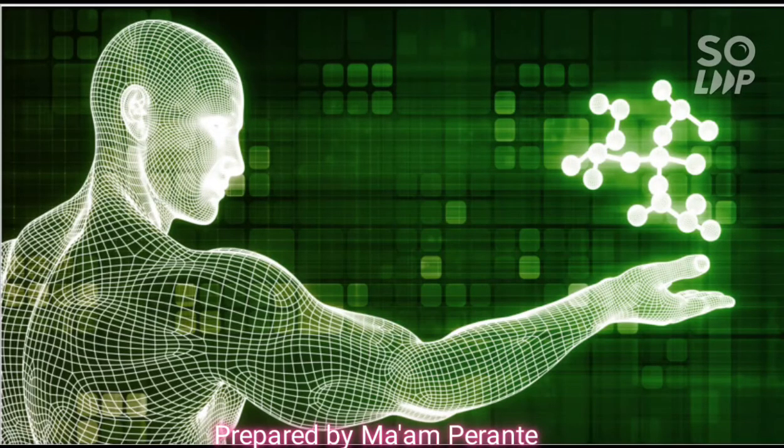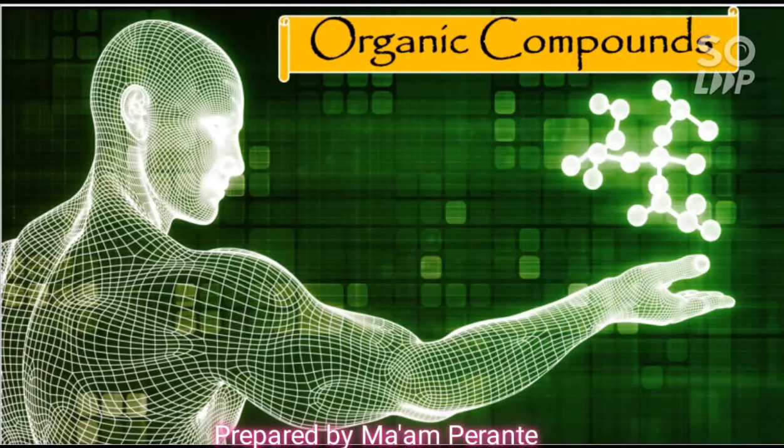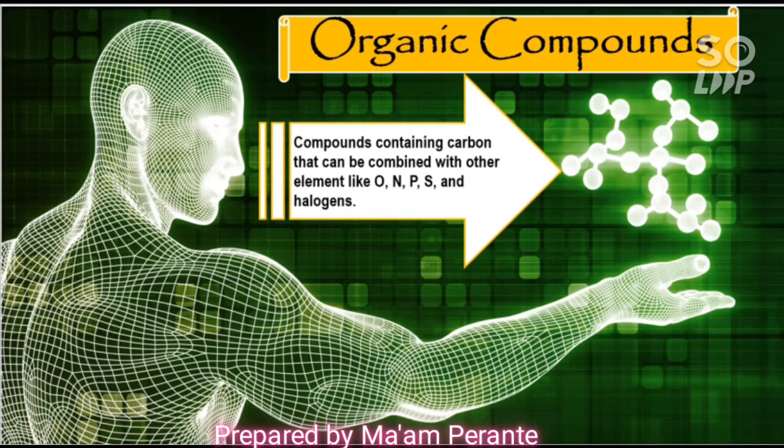Again, in our previous module, we have studied about organic compounds, right? So what are organic compounds again? These are the compounds containing carbon that can be combined with other elements like oxygen, nitrogen, phosphorus, sulfur, and halogens. What are examples of organic compounds?